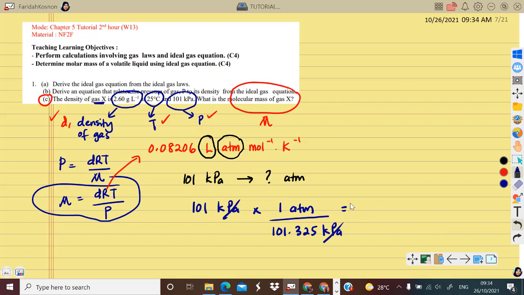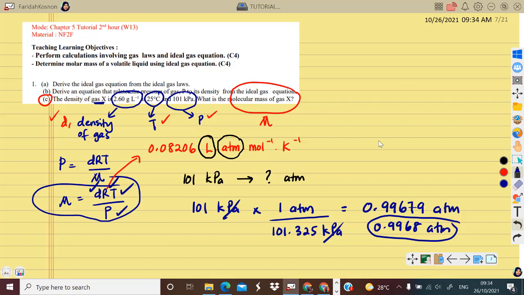Okay, so you will get the pressure measured in ATM around lebih kurang 0.99679 ATM. Okay. So you bolehlah ambil 0.9968 ATM. Okay. Kita ambil yang ni. Okay. So bila kita dah dapat, barulah boleh kira molar mass tu sebab kita dah ada cukup maklumat sekarang. Density dah ada, R dah ada, temperature dah ada, pressure pun dah ada. So kita boleh gantikan ke dalam equation yang sepatutnya.